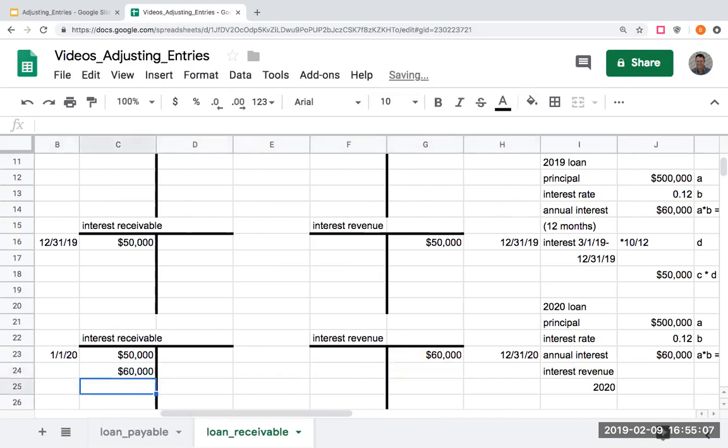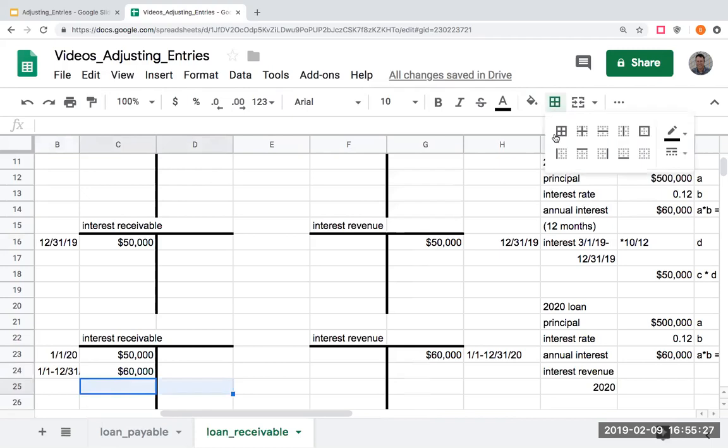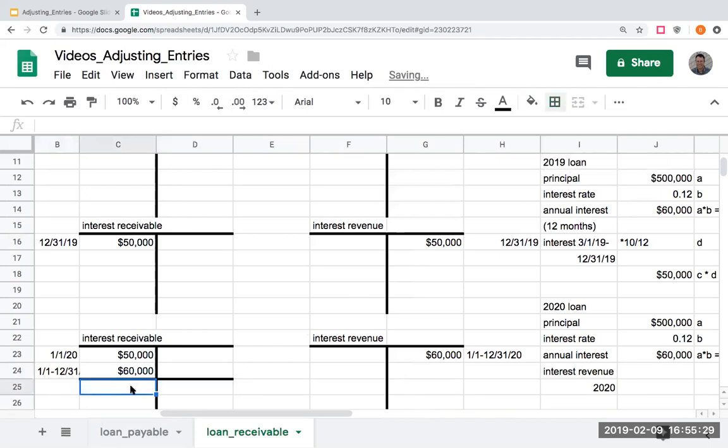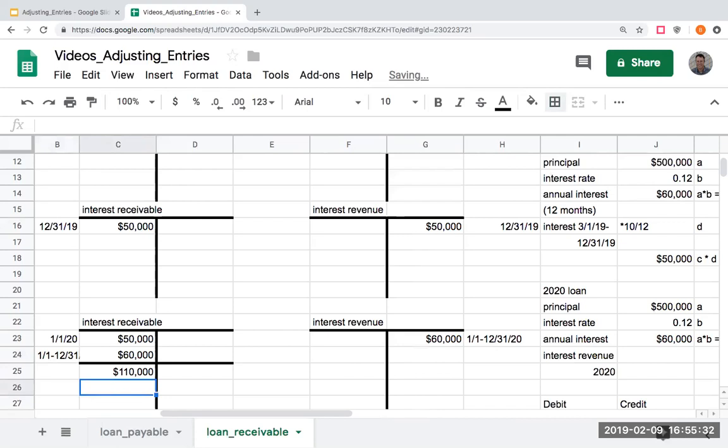Here I'm going to be debiting interest receivable for 1/1 through 12/31/20. So my interest receivable balance at this point in time is going to be $110,000. So I've gone through here and I've got my interest revenue and I've recorded the interest receivable.